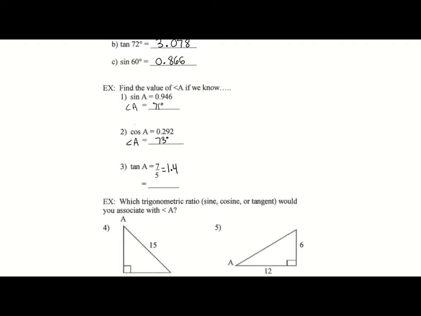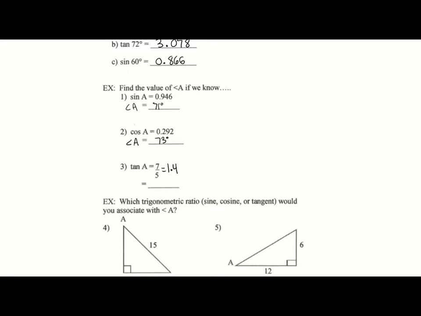And then we are going to find 1.4 in our tangent column. So if we look in our tangent column, I see 1.428. That looks like the closest to 1.4.